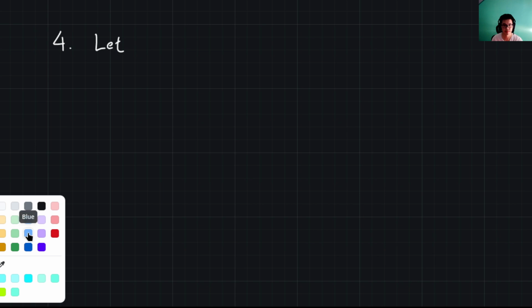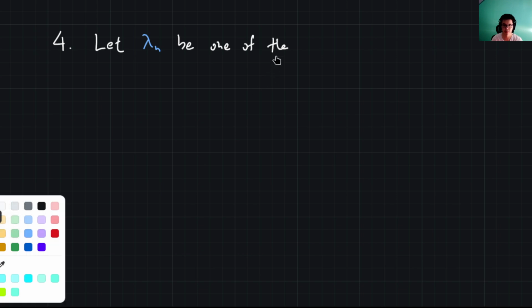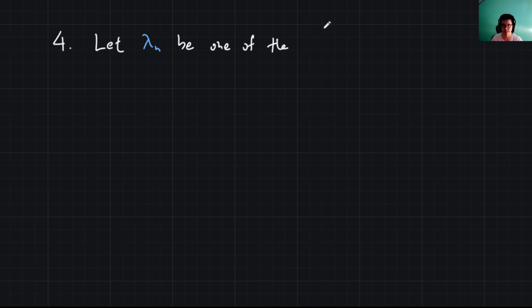The fourth postulate is about measurement probabilities. So let lambda n be one of the eigenvalues, or outcomes, when measuring a quantum system.